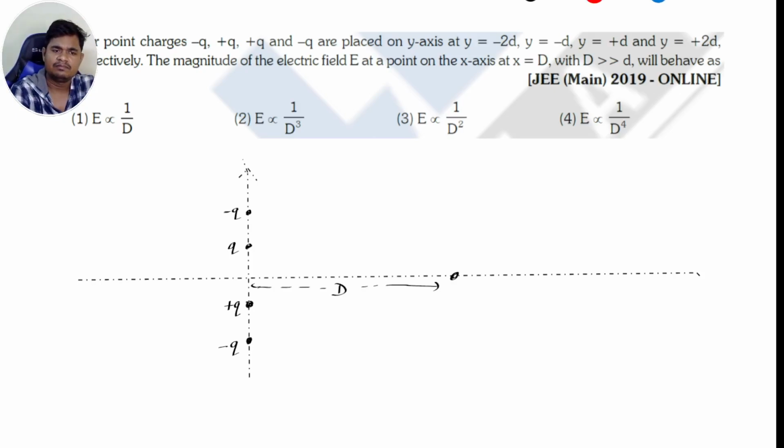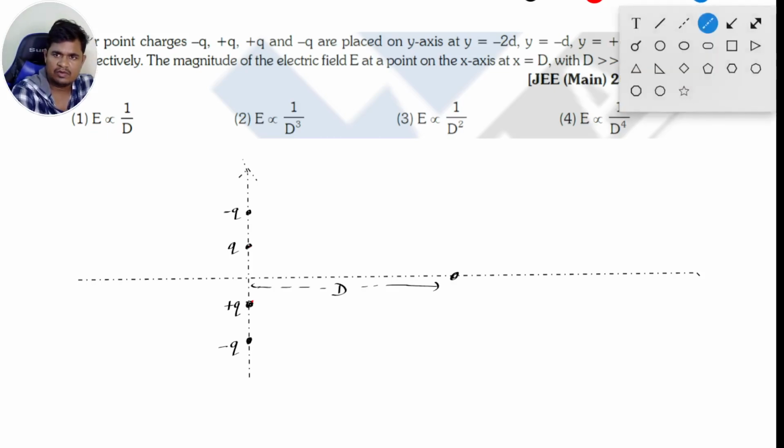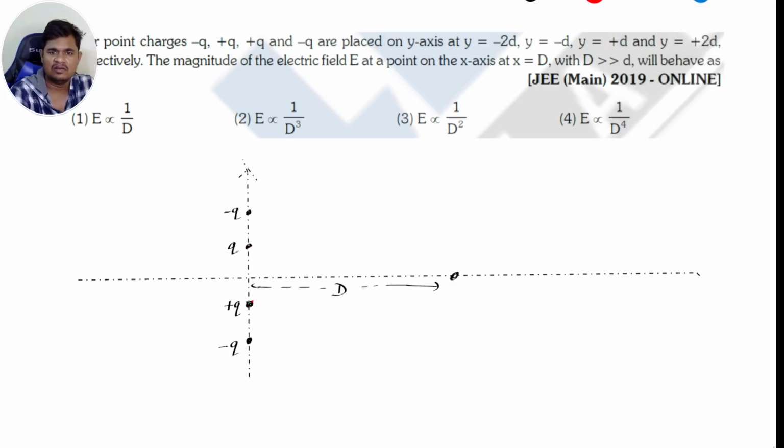Now because of these two positive charges, the electric field that you calculate here will be towards the positive x-axis, and this configuration is very much similar to a ring that has a total charge of 2q.